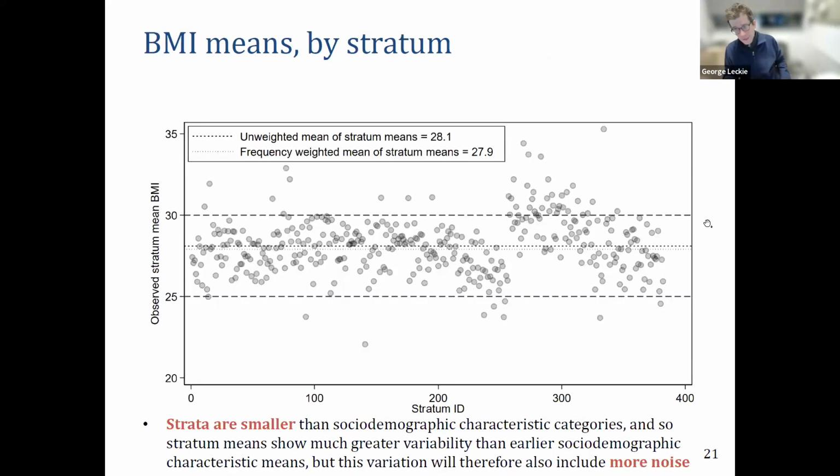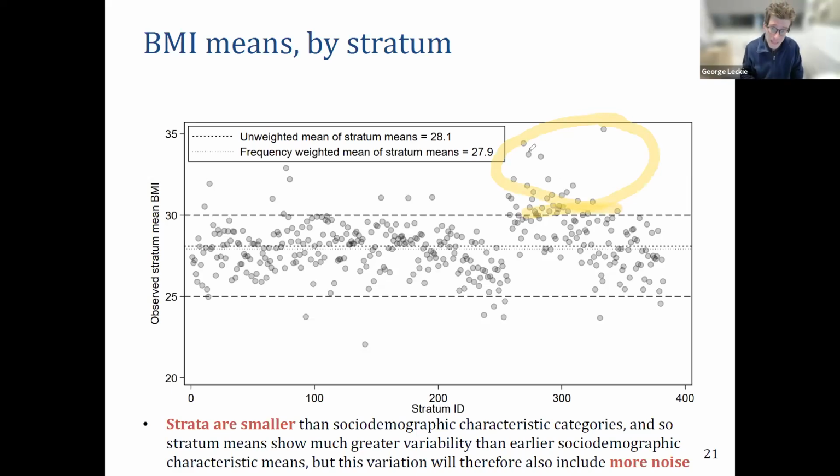Here I've taken the black dots, the observed stratum means in the previous slide, and I've kept those, and I've zoomed in, and I've got rid of all these 33,000 individuals. This is just so we can see the variation in the observed stratum means. And you can see that we've got lots of strata whose observed means are above the BMI 30 obese line.